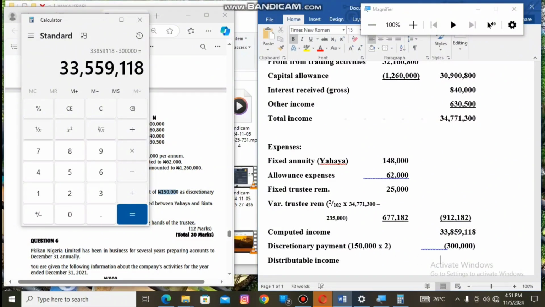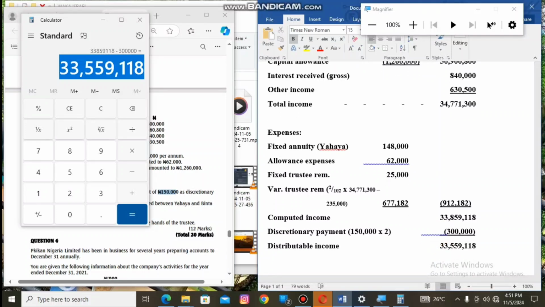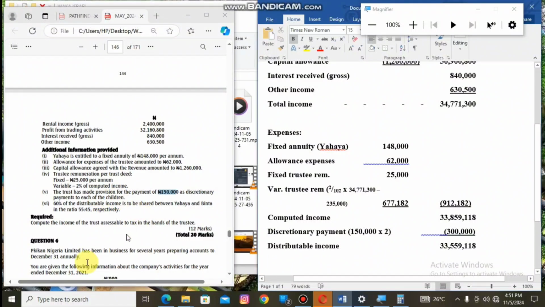Distributable income. Just copy, then paste here. Alright. We are told to look for the income in the hands of the trustee. This is distributable income, and we are told here that 60% of distributable income is to be shared to Yaya and Bello. So let's work out the amount distributable to beneficiaries.